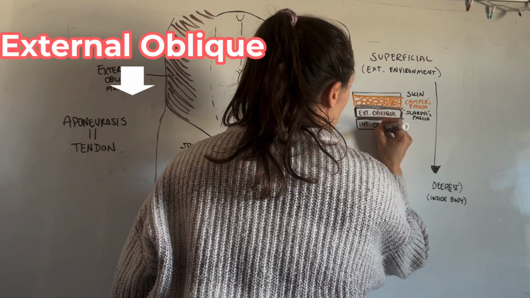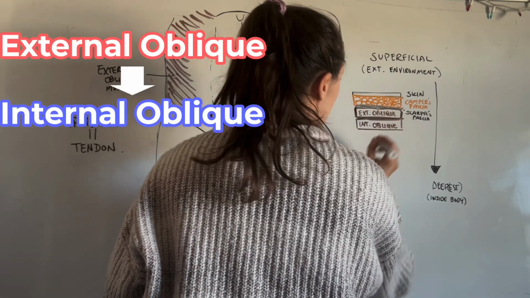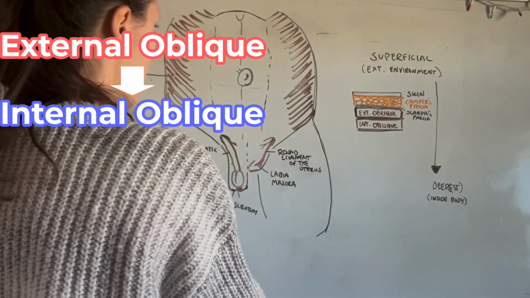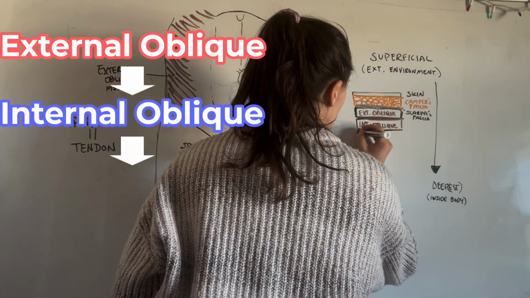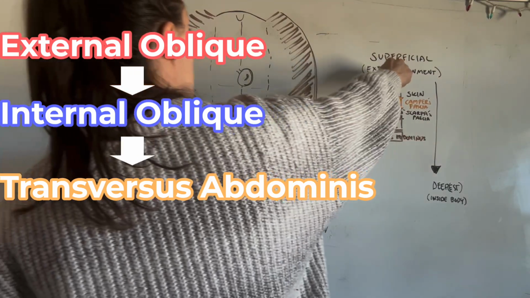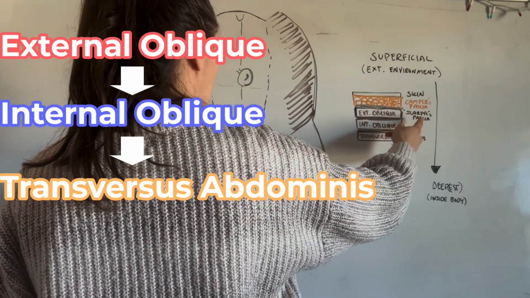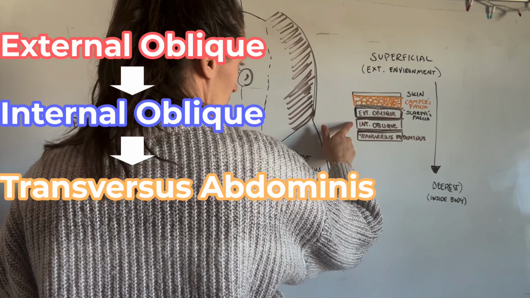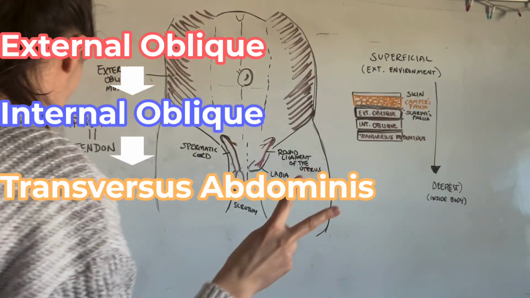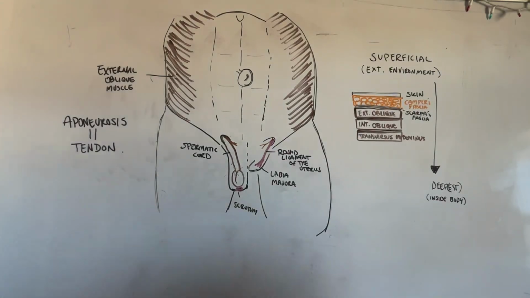We're going to have an internal oblique underneath our external oblique, some investing fascia in between, and then we're going to have the last muscle here that is our transversus abdominis. From skin to deep, we are going skin, Camper's fascia, Scarpa's fascia, external oblique, internal oblique, transversus abdominis, and then two connective tissue layers. Oh my God.